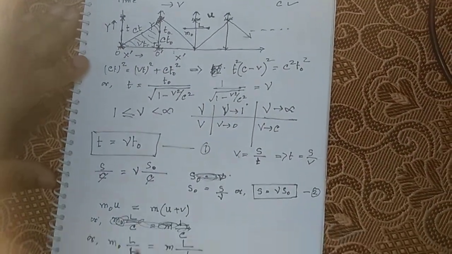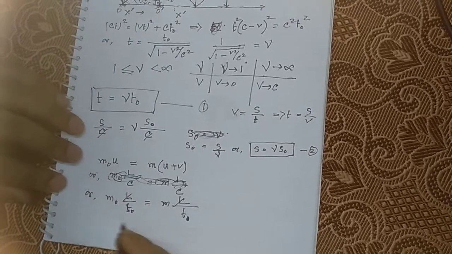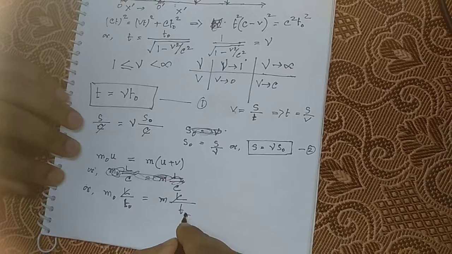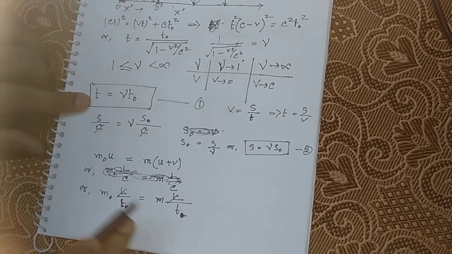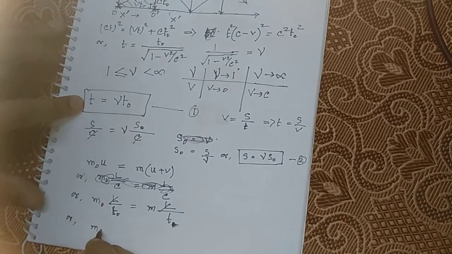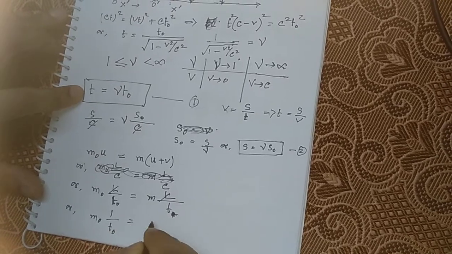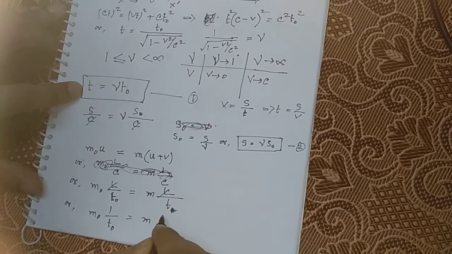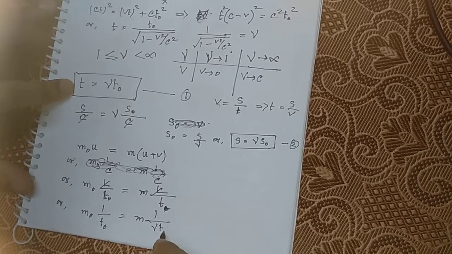Now I can cancel out these two terms, and from this equation T is equal to gamma times T0, so m0 by T0 is equal to m by gamma T0.